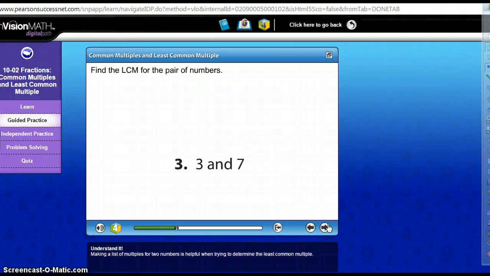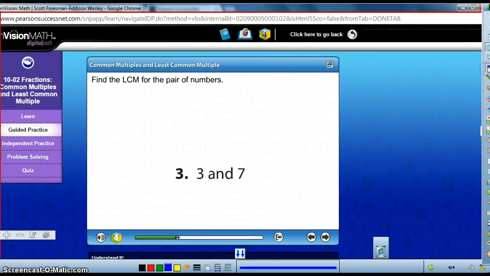So, for number 3, we have to find the LCM, which means least common multiple, of 3 and 7.